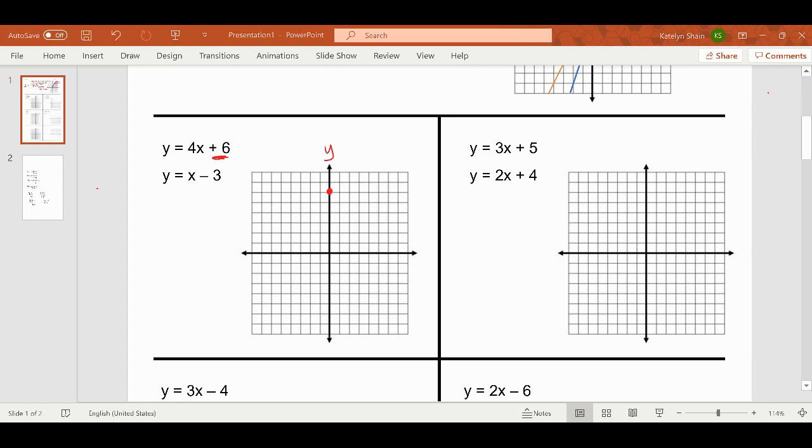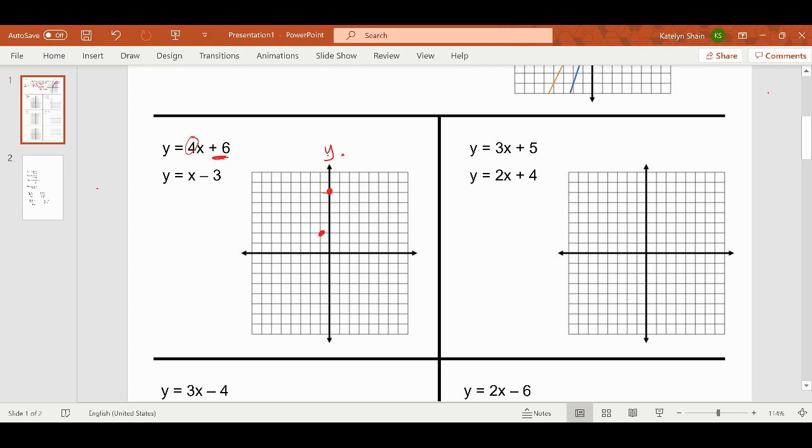Now my growth is 4. So I have to think about this because if I go up 4 and over 1, I'm not in the graph anymore. So I'm going to continue the pattern this way and go down 4. Because now from this point, my line is growing over 1 and up 4. So there are my 2 points.